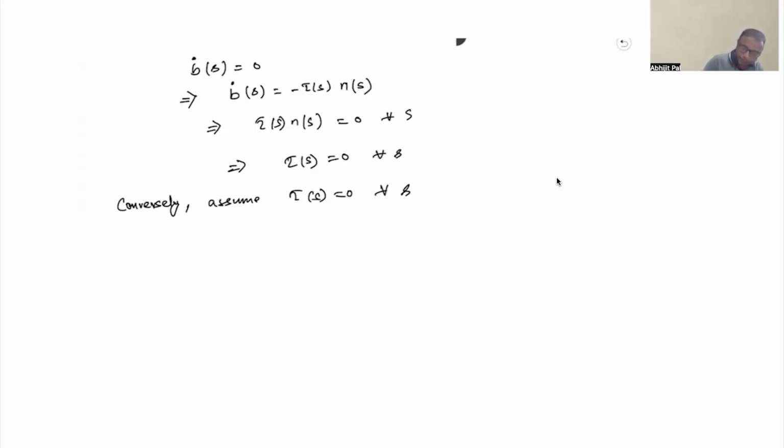Now we want to find a plane where this curve will belong. Because tau(s) is equal to 0, this B dot (s), which is equal to minus tau(s) times the unit normal vector, will be equal to 0. So this implies that this binormal vector B is a constant unit vector.